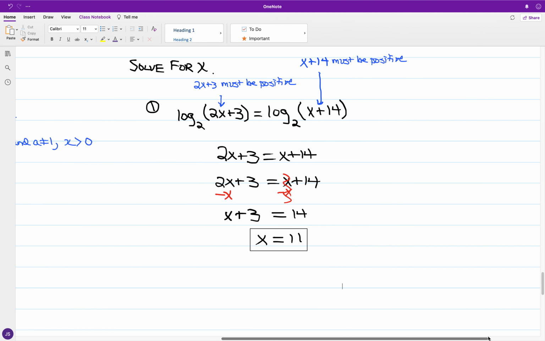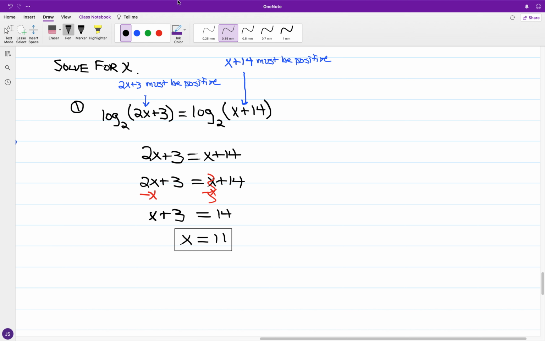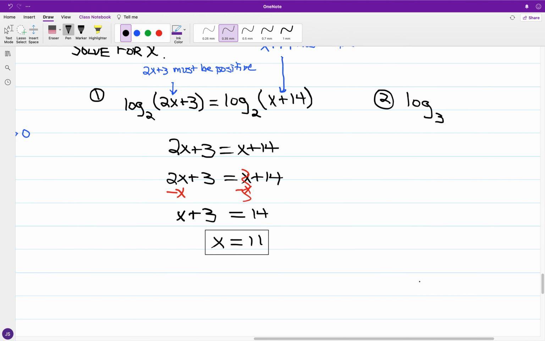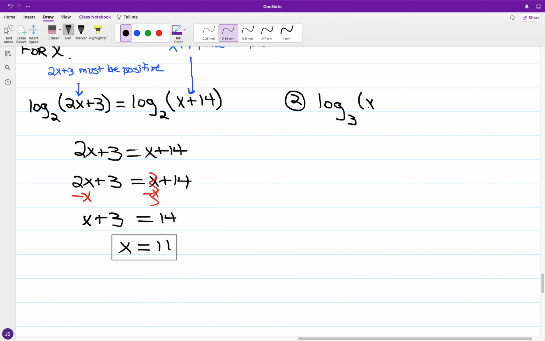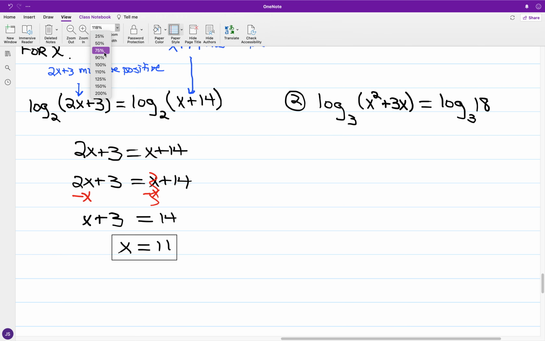Let's say we have another instance, a base 3 logarithm of the quantity x squared plus 3x is equal to the base 3 logarithm of 18.